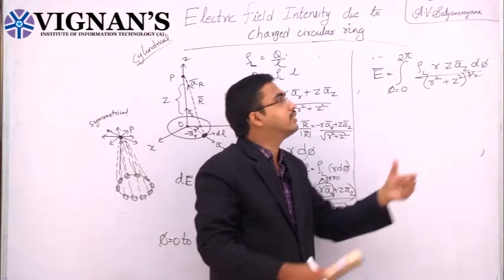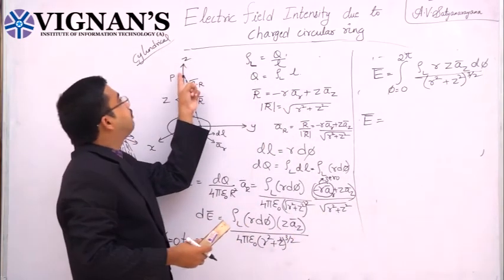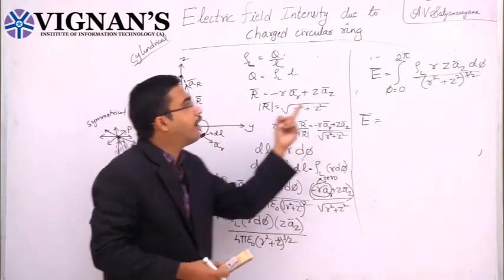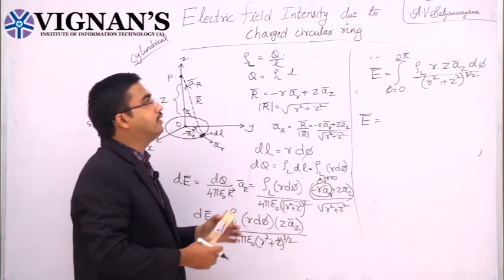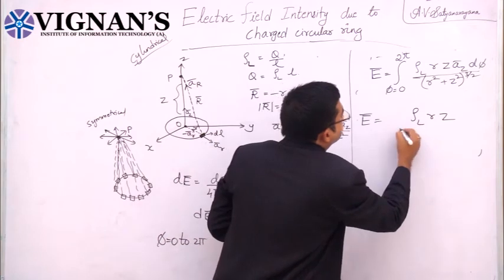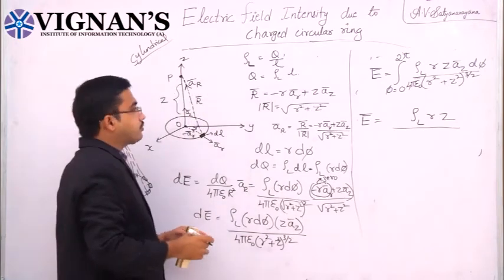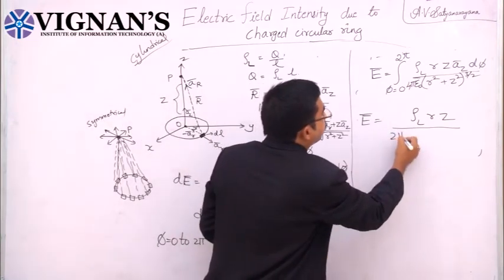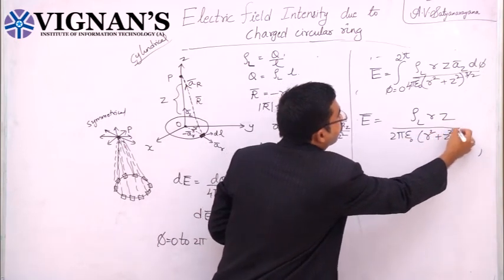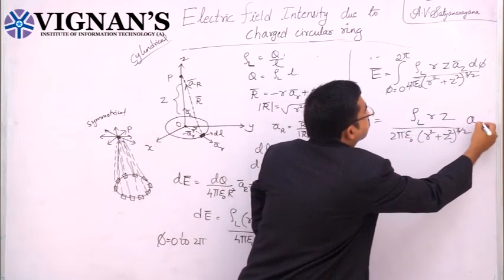After substituting and adjusting the terms, you will get the electric field intensity at point P due to this charged circular ring, given by rho L into R into Z by 2 pi epsilon naught into R square plus Z square whole power 3 by 2 into AZ bar.